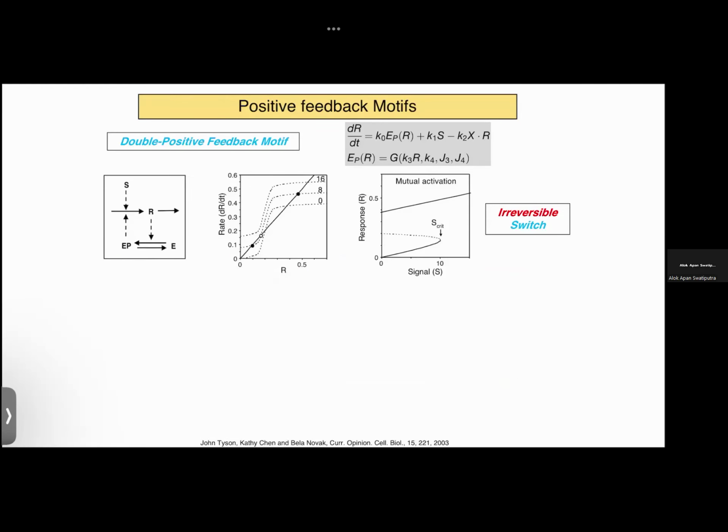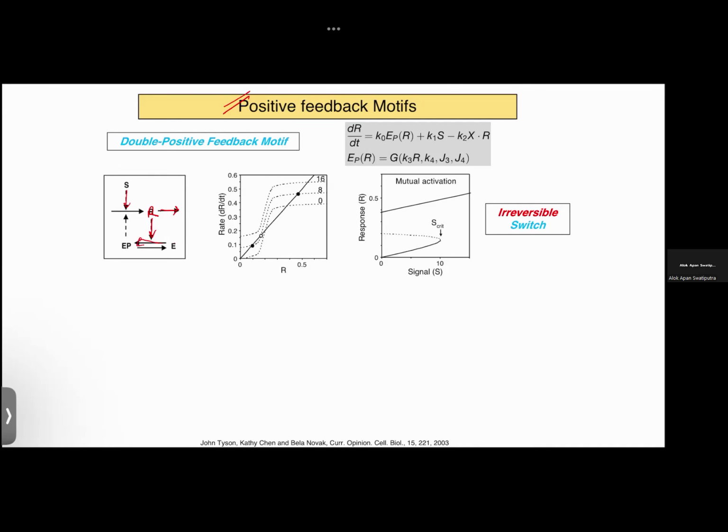Now let's take a look at something, and this will be one of the most important things in the context of systems biology, which is called positive feedback. Be a little careful. For example, you have a signal S, which is synthesizing R, and R has its own degradation rate. What R does is that R itself helps in the phosphorylation of a certain enzyme, or some species, you can consider it an enzyme.